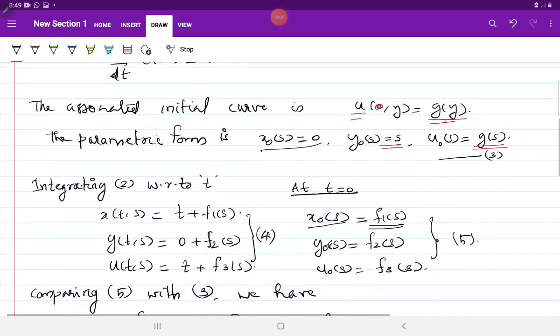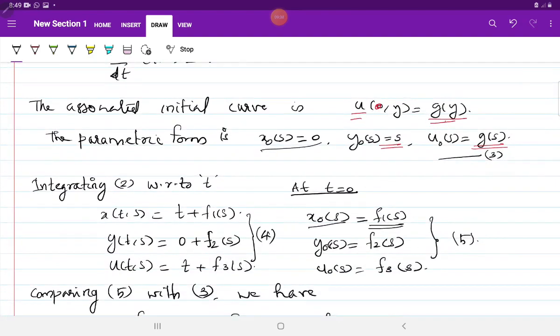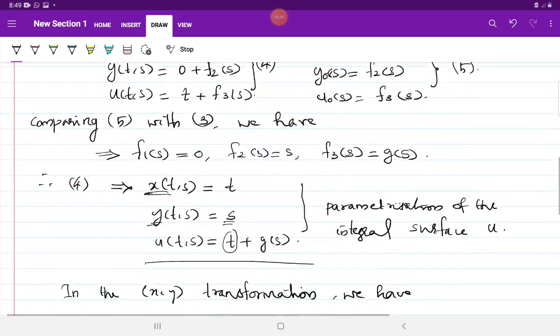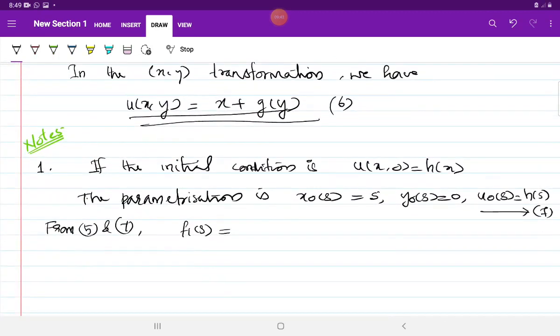At t equal to 0, x naught is f1, y naught is f2, u naught is f3. So comparing this, f1 of s is s, f2 of s is 0 and f3 of s is h of s.